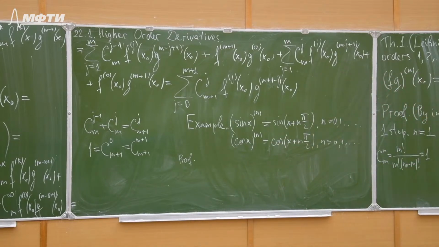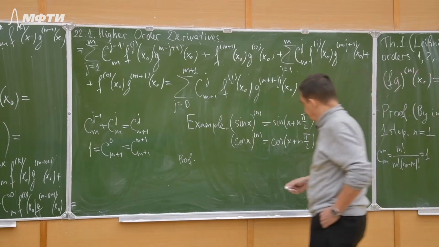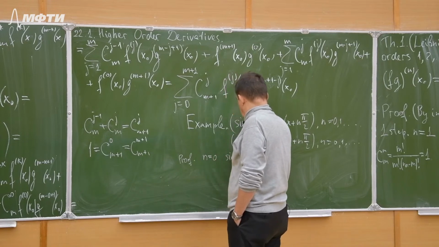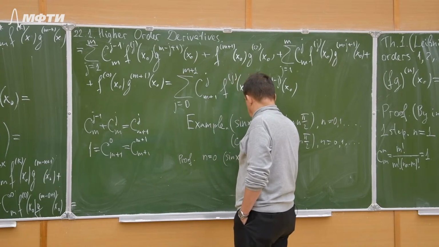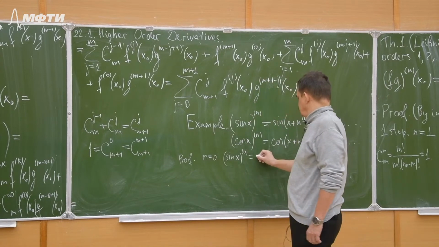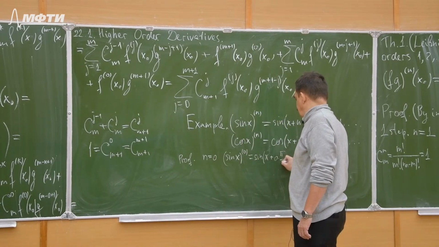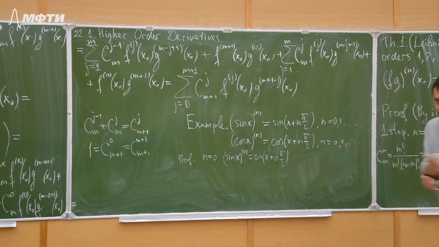So here, how can we proceed? So n equals to 0, the 0th derivative of sine x is equal to sine of x plus 0 times pi over 2. It's correct because of notations.